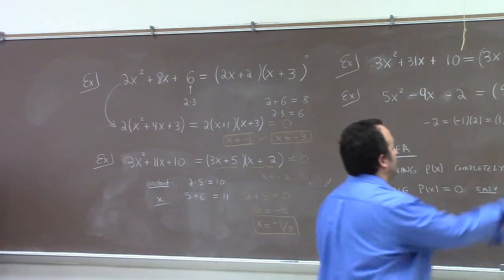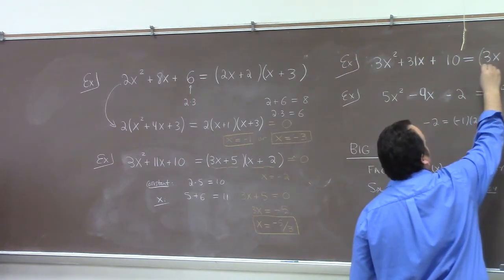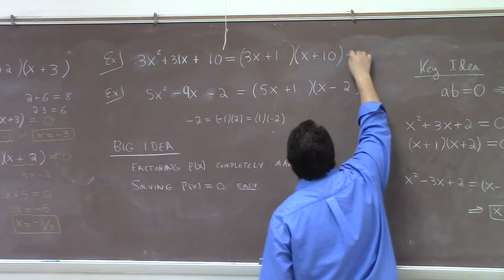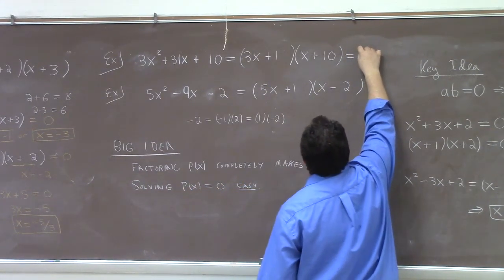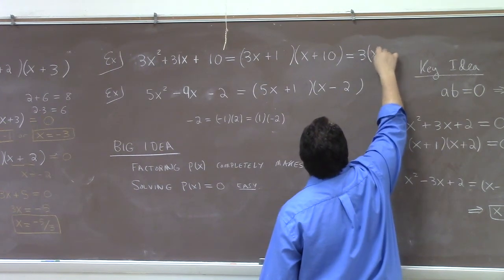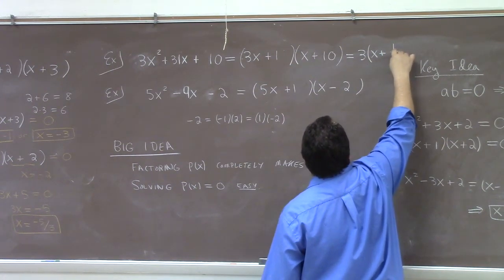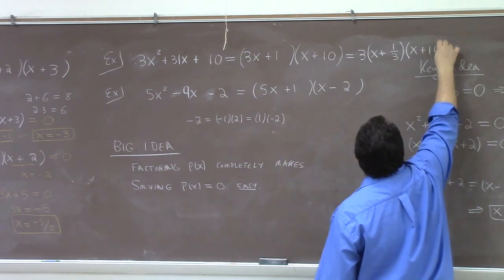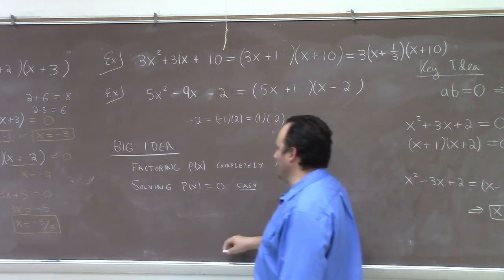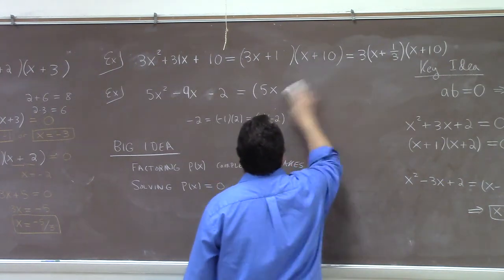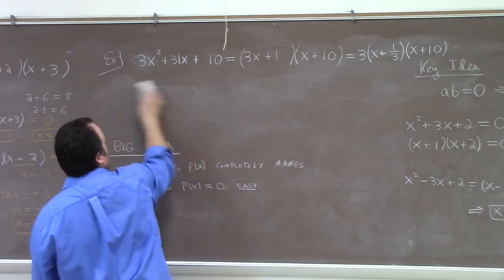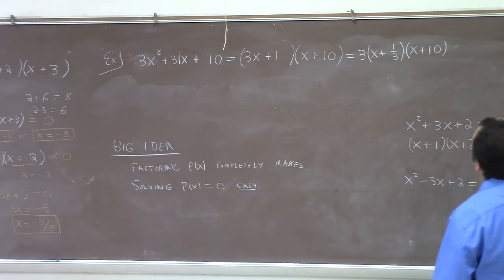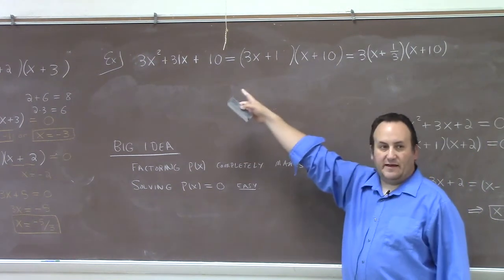Another way you could do it would be like this over here. See this one? I know you guys aren't going to like this, but check this out. I could say 3 times x plus 1/3 times x plus 10. See what I did there? I factored 3 out.